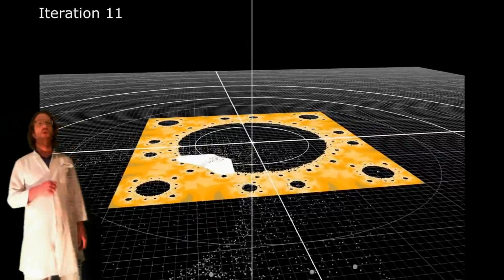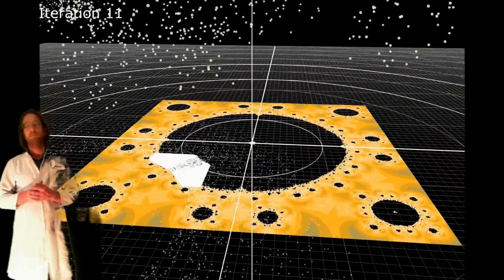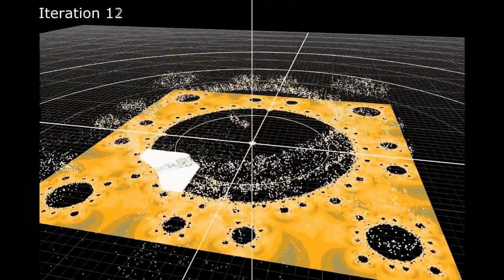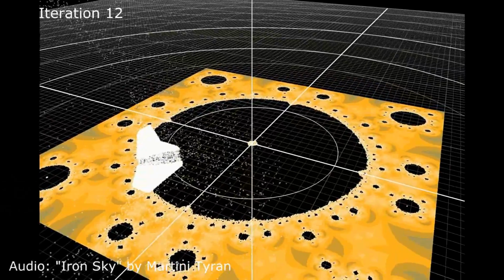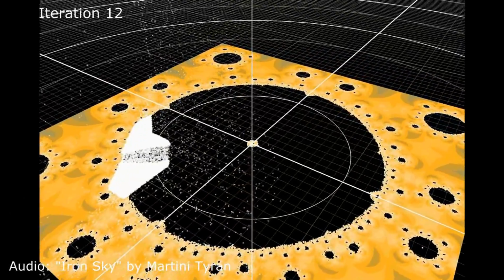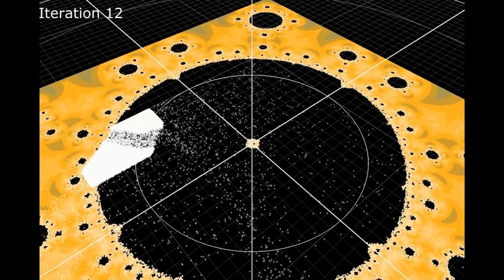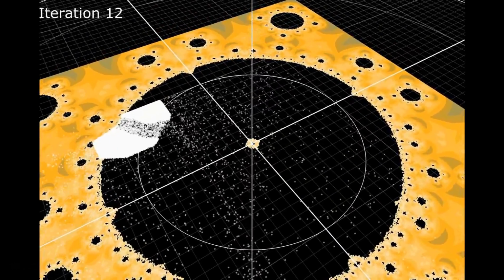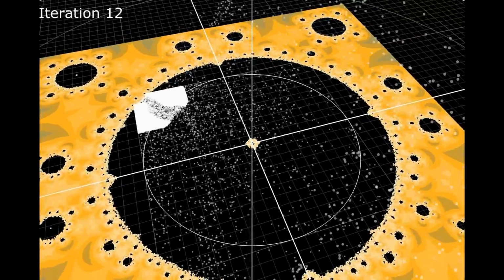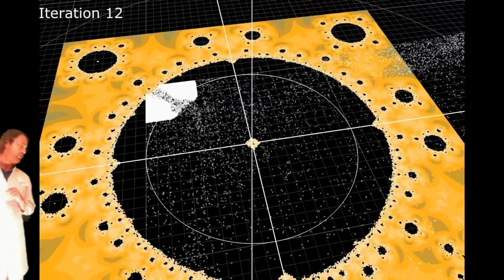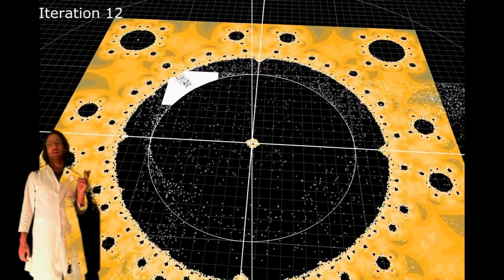And again, more points fall into the wing-shaped safe zone. And the circle inversion is performed again.